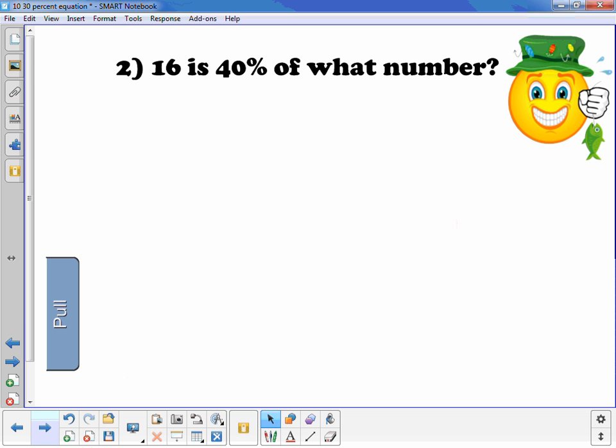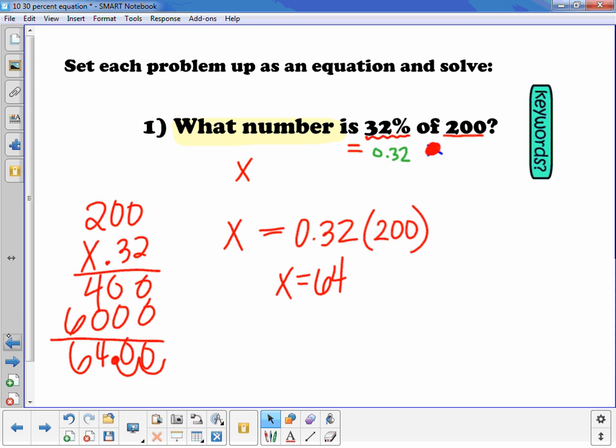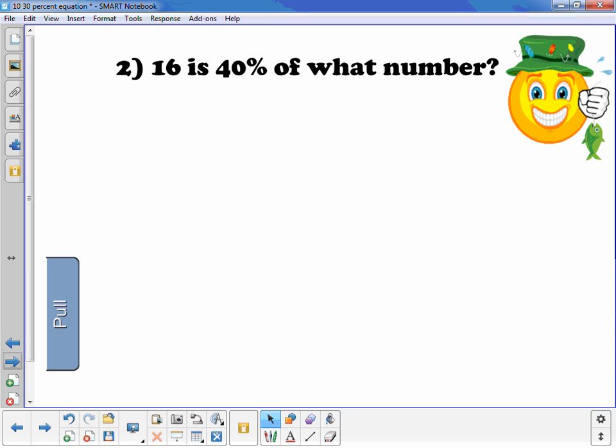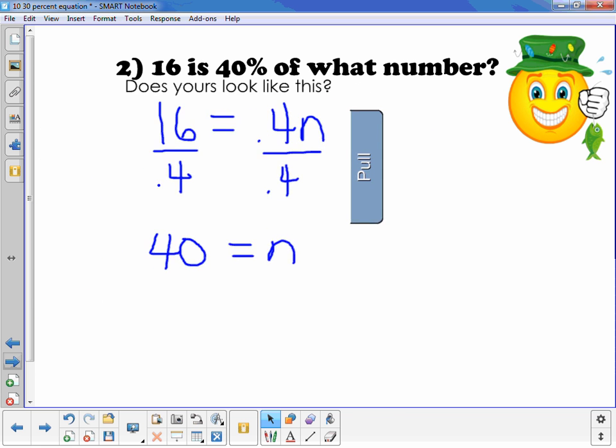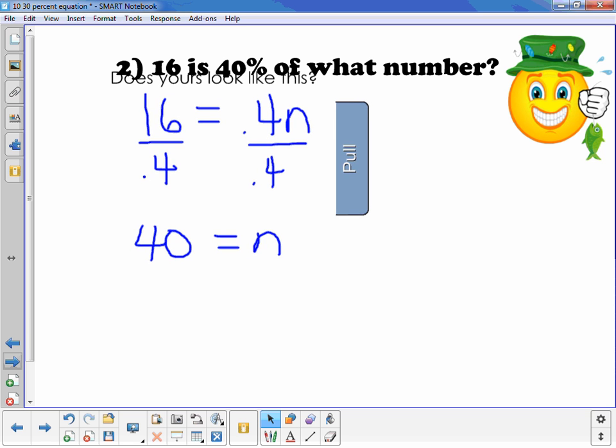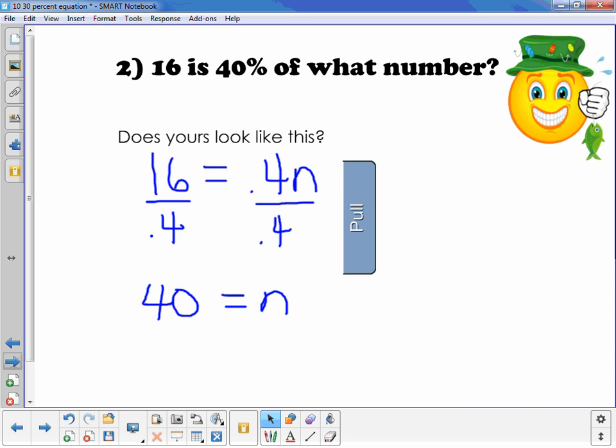Again, just like before, you always want to look for your solution and make sure that it makes sense. Going back to this last one, you know your answer is not going to be 6,400, right? So again, look for the reasonableness of your answer when you get done. Second one, 16 is 40% of what number? So we go through again, and we want to see the 16, the equal, the 40%. Don't forget to change your percent to a decimal.